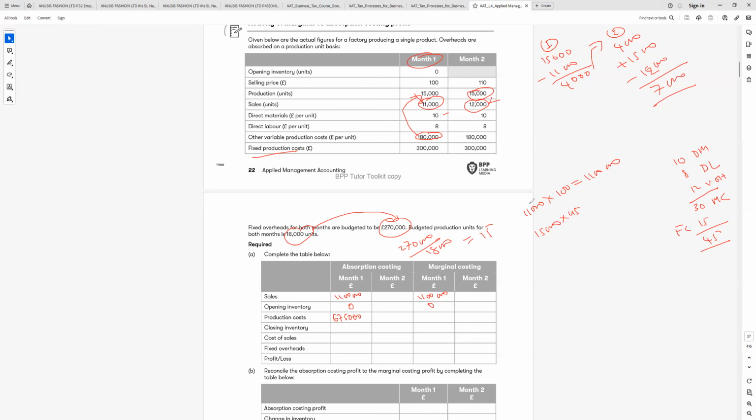And for the marginal, we do the same thing, but we multiply with 30. Under the marginal, we only take the variable, so multiply by 30. 15,000 multiply 30 is 450,000.